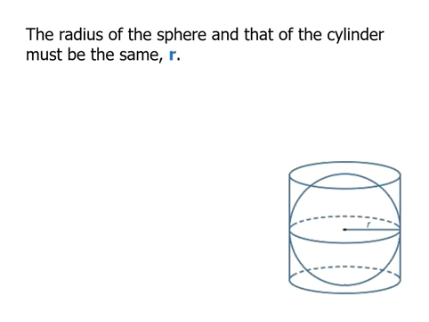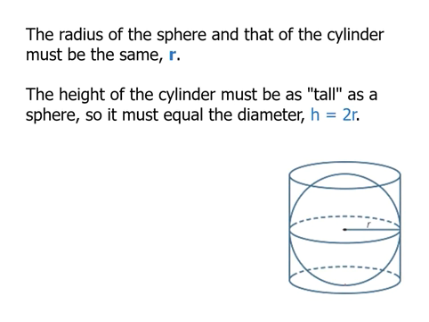So first of all, the radius of the sphere and that of the cylinder must be the same. They both must have radius r. The height of the cylinder must be as tall as the sphere. So it's r from the bottom up to the midline, and then another r from the midline up to the top. So that's actually a height of 2r.